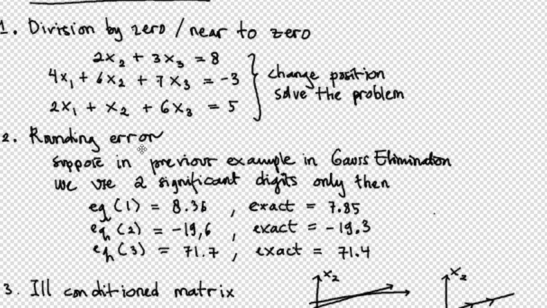When you take a lower significant digit, the solution will change. And this also happens in equation 3, where we can see that the difference is 0.3 between the exact and Gauss elimination solution. So be careful with rounding error.